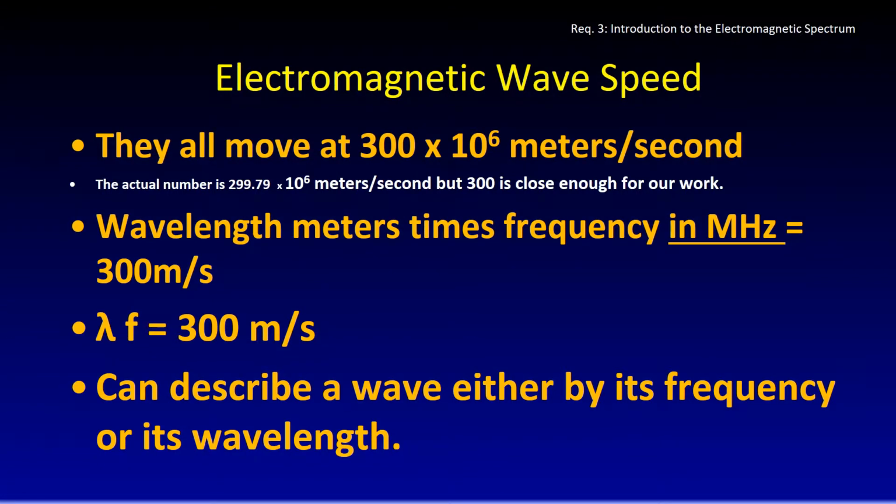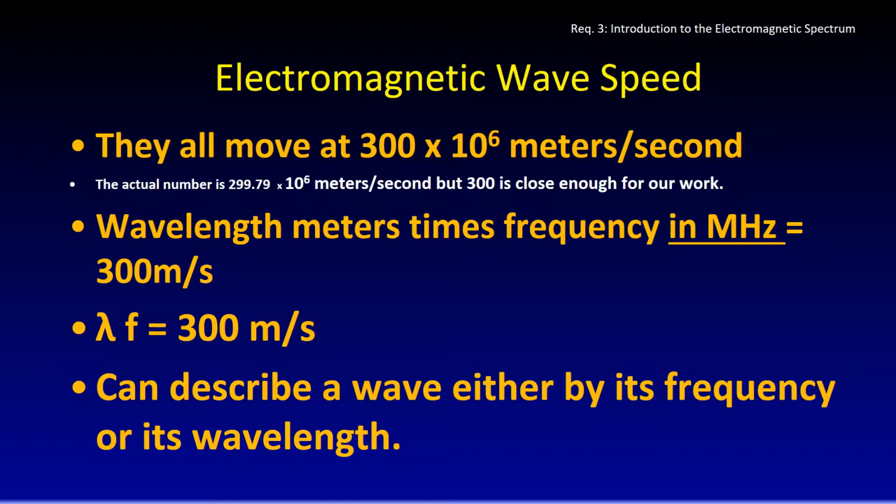Now here's an interesting fact about electromagnetic waves. They all travel at the same speed, 300 times 10 to the 6 meters per second. The actual number is 299.79 times 10 to the 6 meters per second, but 300 is close enough for our work. You may recognize this as the speed of light.